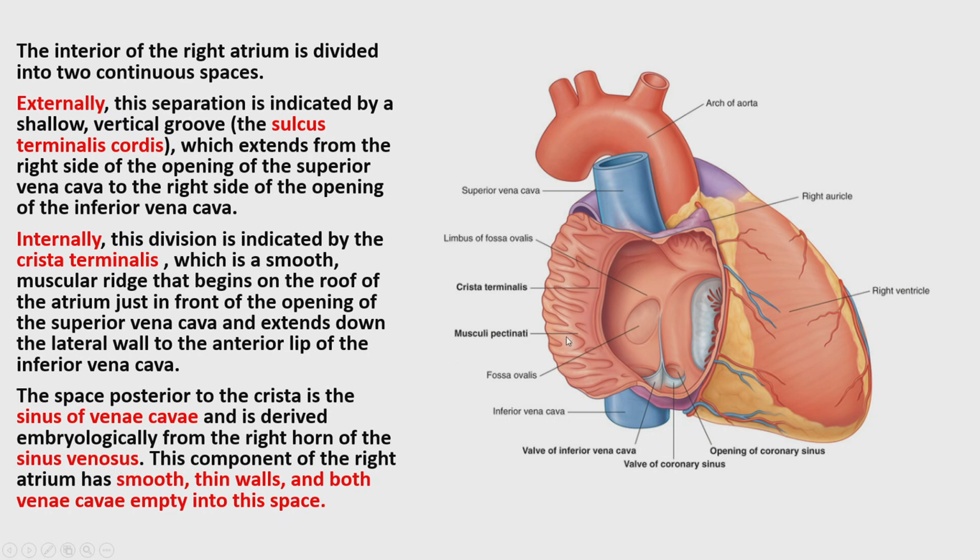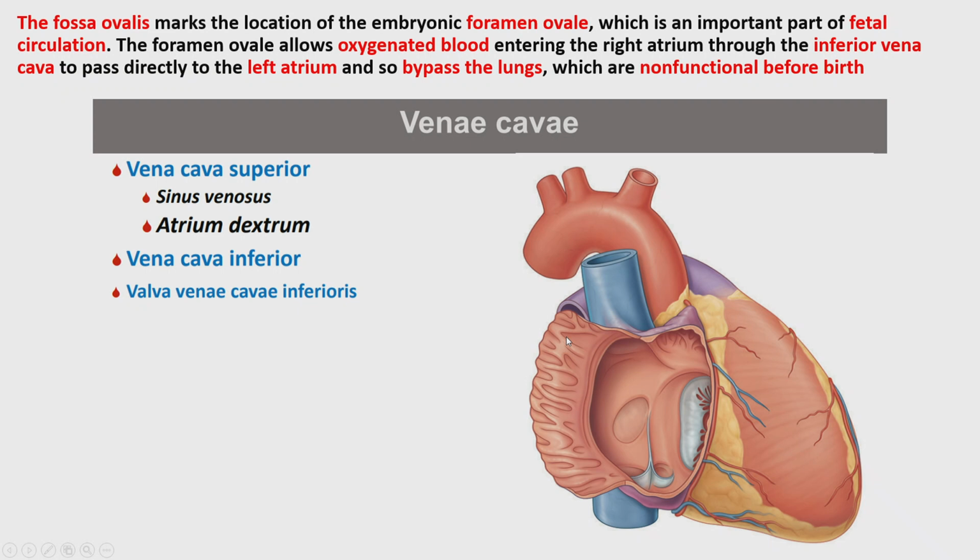So here again, I have to mention quickly that we talked about the fossa ovalis or oval fossa, which is the remnant of the embryonic foramen ovale or oval foramen.